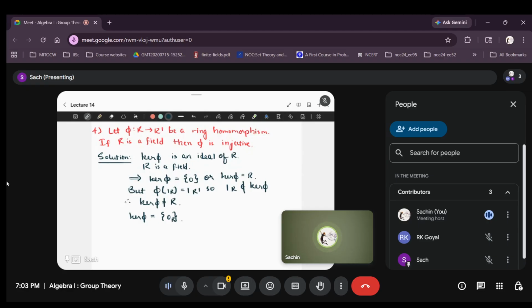And by one of the previous problems, the kernel contains only the zero element only if phi is injective. So there are only injective ring homomorphisms from a field to a ring.